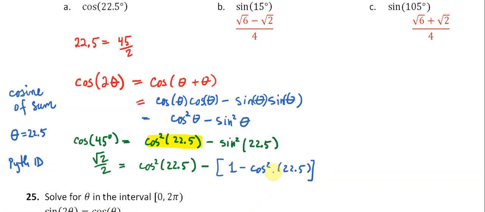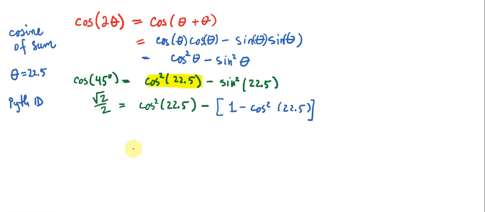And so at this point, we've got something here. It's going to be a little bit messy, but we've converted everything into 22.5 and cosine. Now I'm going to do some simplifying. On the left side, I still have root 2 over 2. I'm going to distribute that negative sign, so that's going to give me negative 1 plus positive cosine squared 22.5.